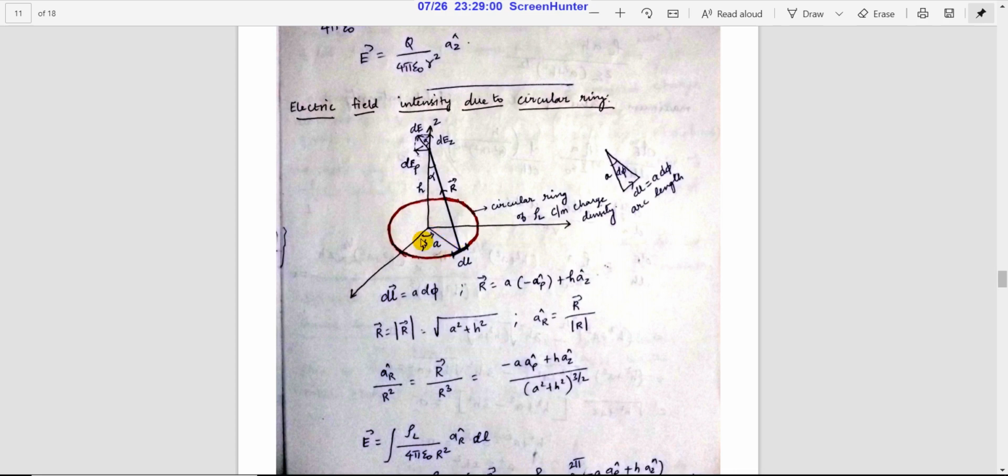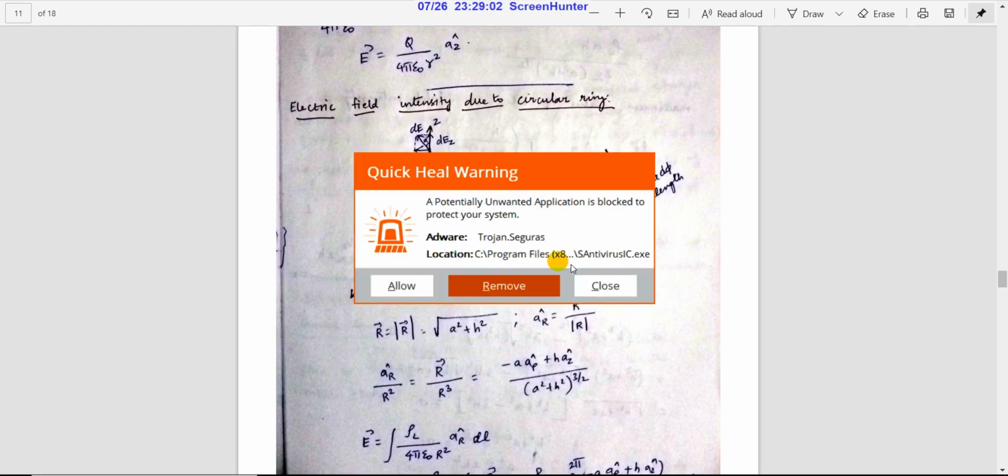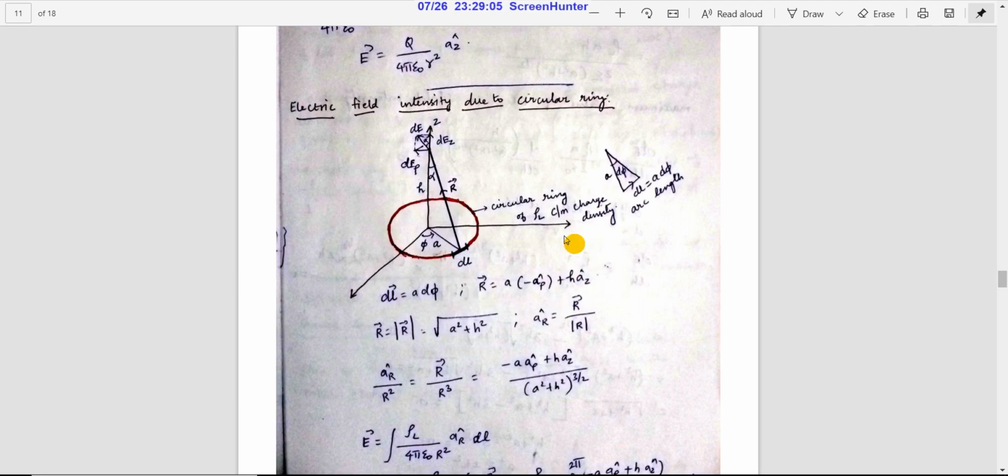If the radius is a, then the arc length of that particular line segment can be found from this diagram. This is the radius a, and this is the line segment dl. The angle subtended by that line segment can be called d phi.